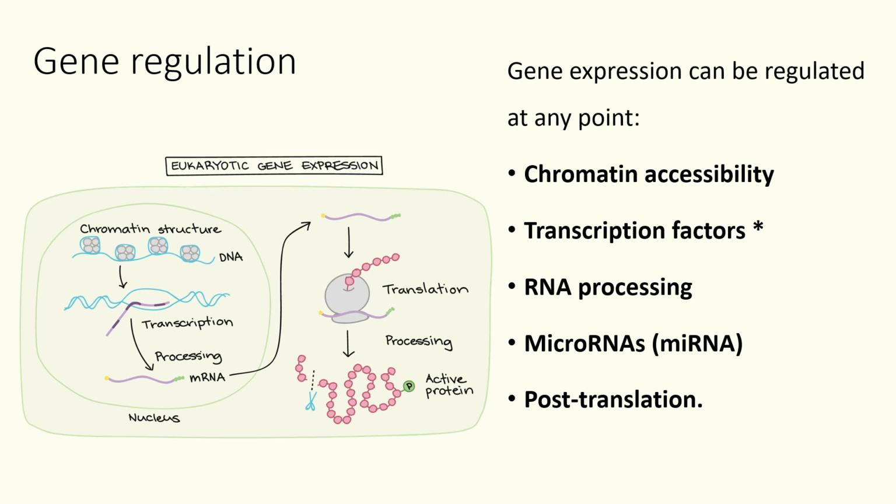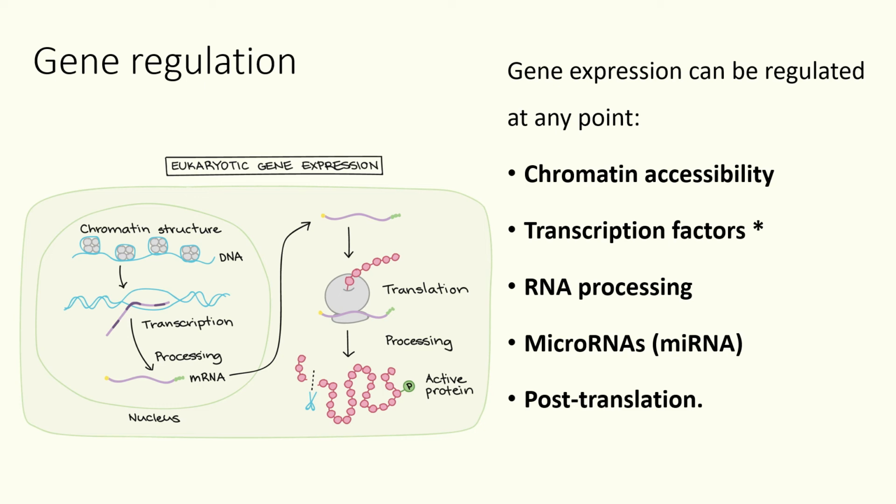So in terms of gene regulation, we can regulate gene expression at basically any point in that process. Right from the very beginning, where our DNA is still wound up around the chromatin, or right at the very end when we've got our protein already, we can still regulate it. To give you a brief overview, they can be regulated by chromatin accessibility.